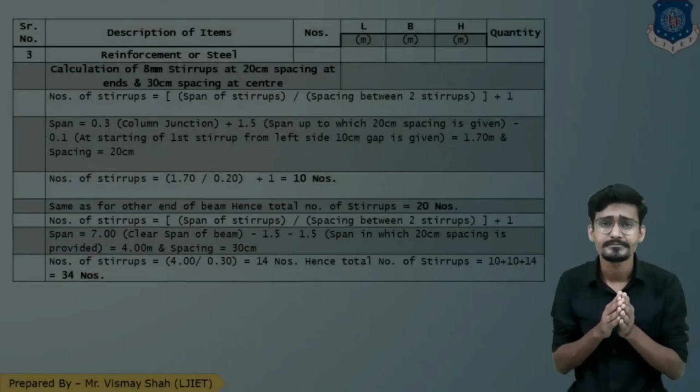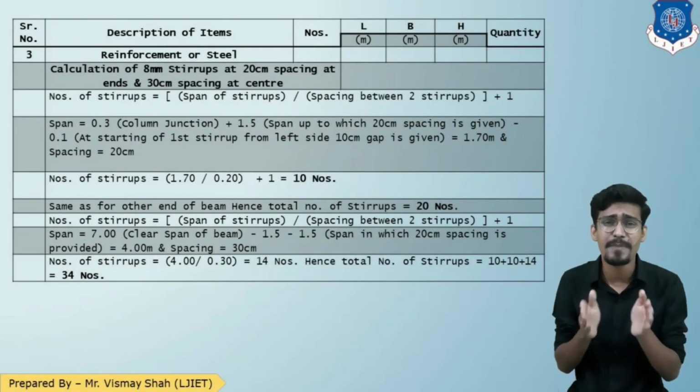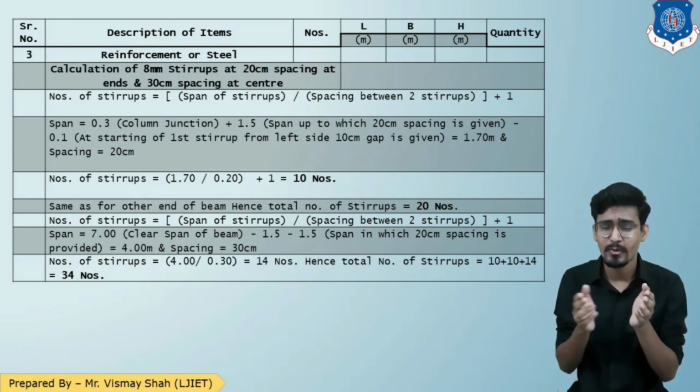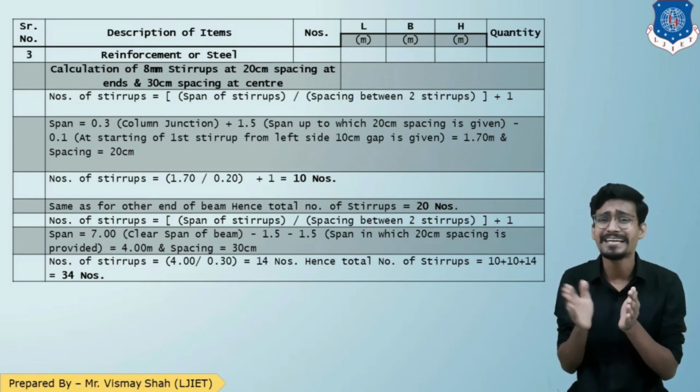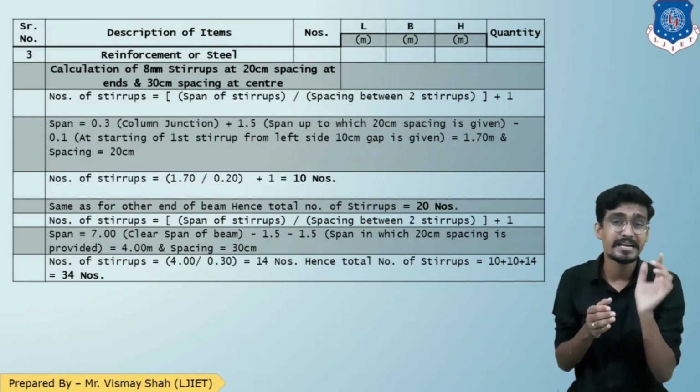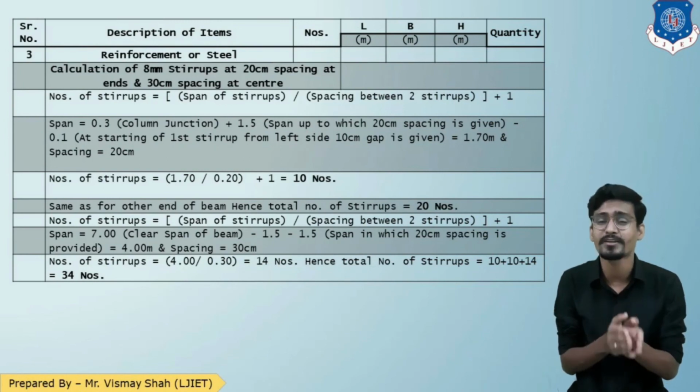here the length or the span of spacing is 0.3, that column junction, plus 1.5, the 20 centimeter span given, minus 0.1, because at that end the 10 centimeter gap is left out. So 0.3 plus 1.5 minus 0.1.